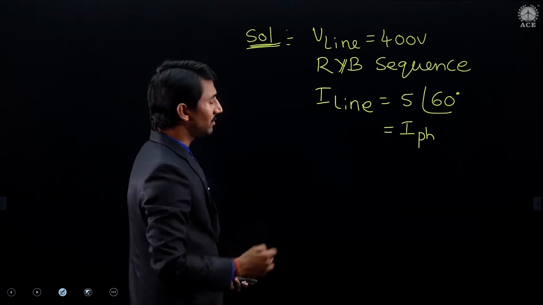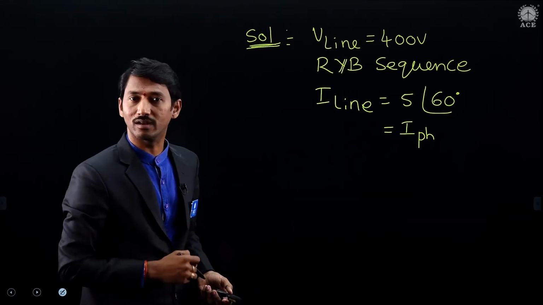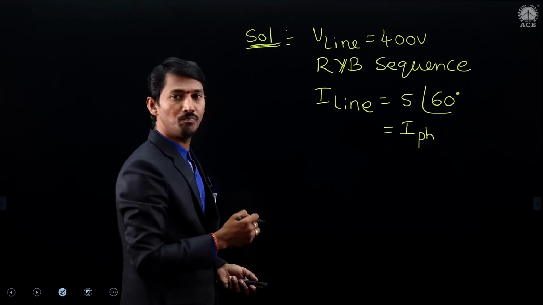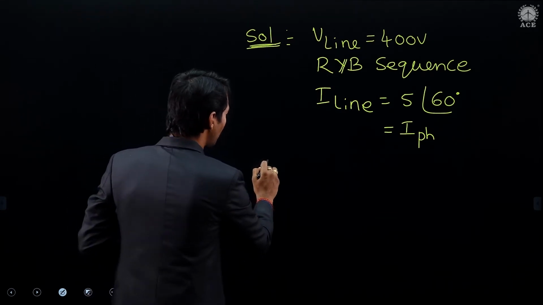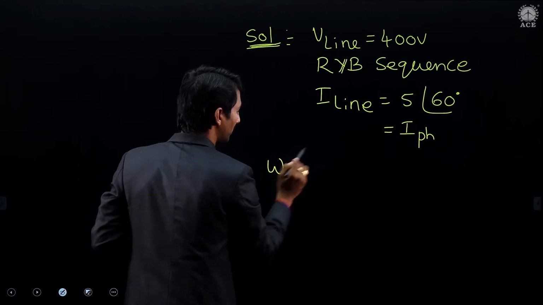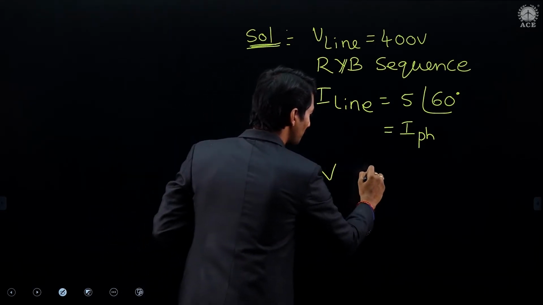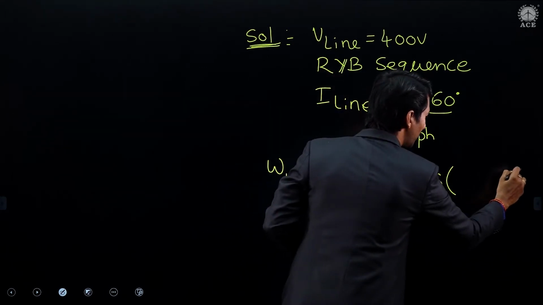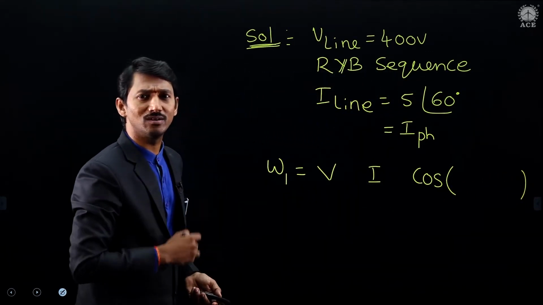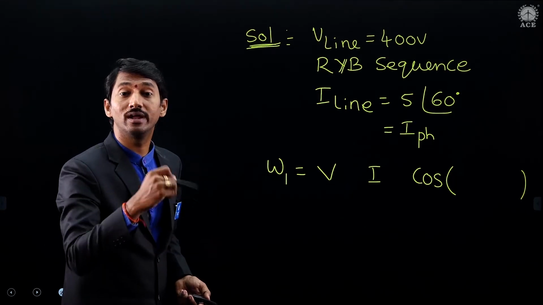Sir, we need to calculate the wattmeter reading, right? What is the wattmeter reading? W equal to V into I into cos phi. For W1, wattmeter 1, voltage, current, and cos of the angle between these two. Sir, what is the voltage? You have to observe between which terminals the potential coil is connected.